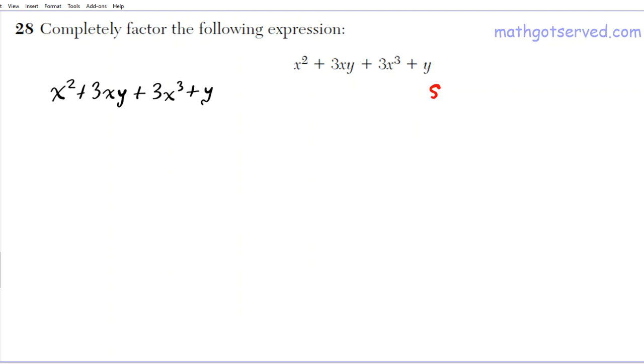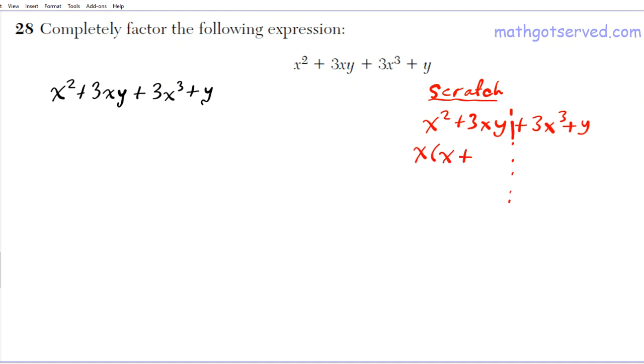So without rearranging terms, we just want to factor with the way it's presented. We'll have x squared plus 3xy plus 3x cubed plus y. Break it down the center. From the first two, we could take out x, and then we have x plus 3y.